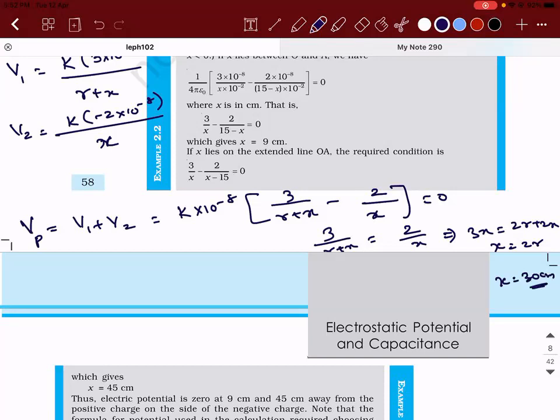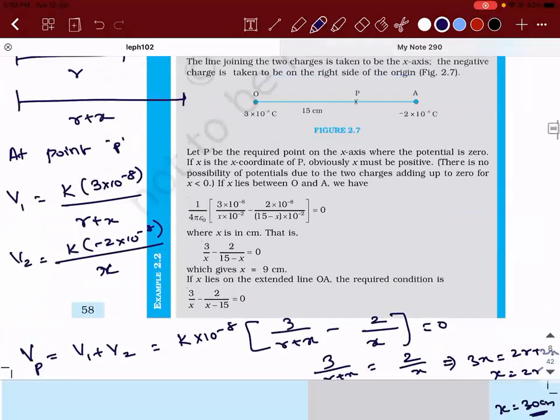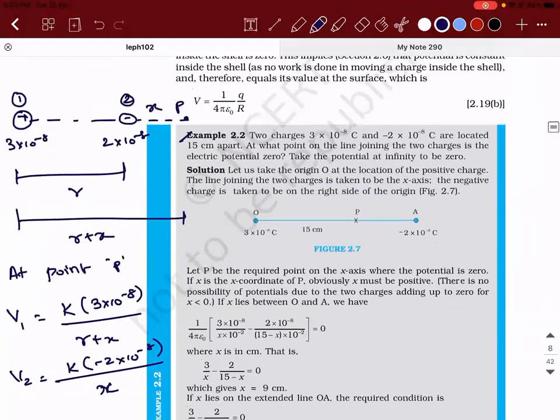But this 30, x is measured from where? From the negative charge. Look at the diagram. So how will you report the answer? At a distance of 30 centimeter from the negative charge, the total potential is 0. That is one point.